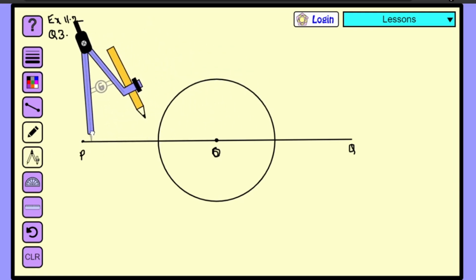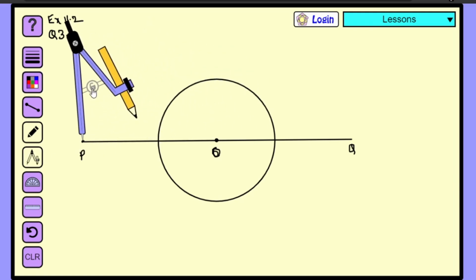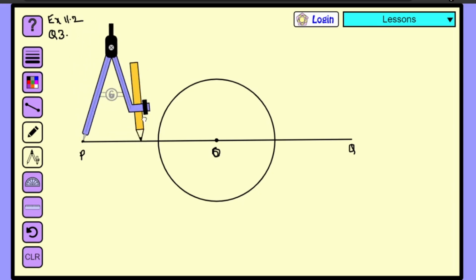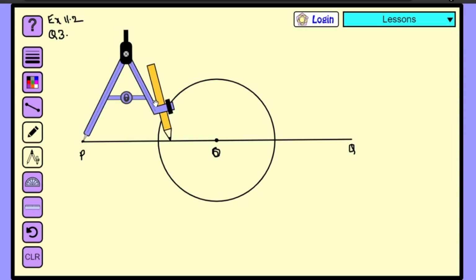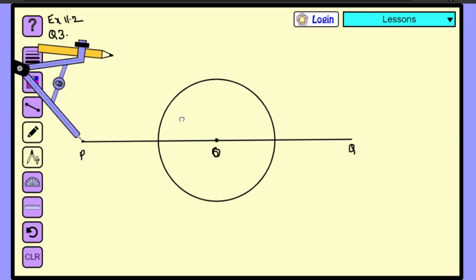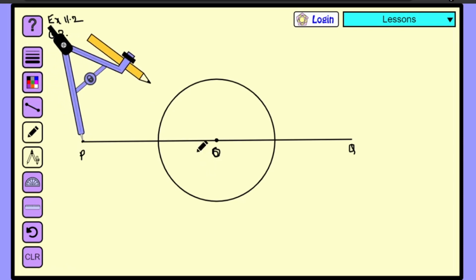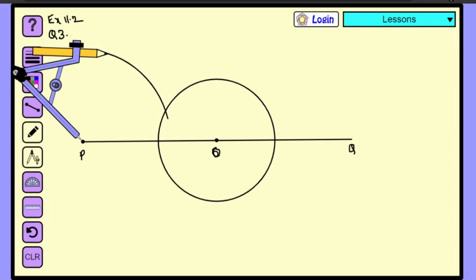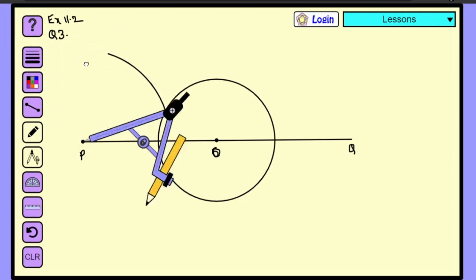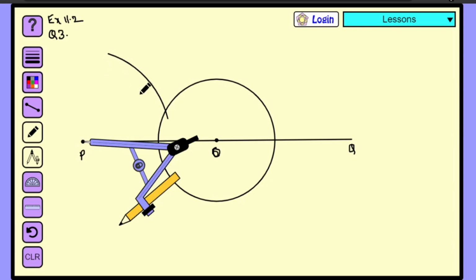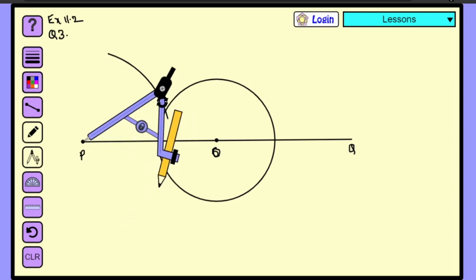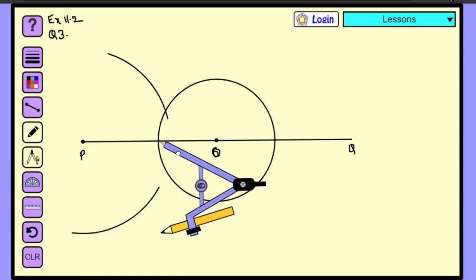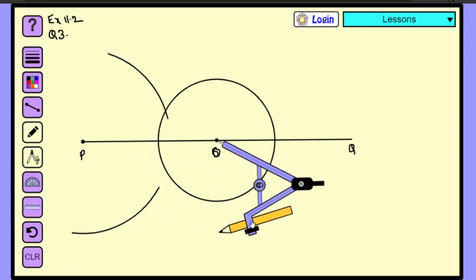Here I am keeping the compass, taking more than half of OP, and drawing the arcs on this side and this side also. In the same manner, I am going to draw from O also.